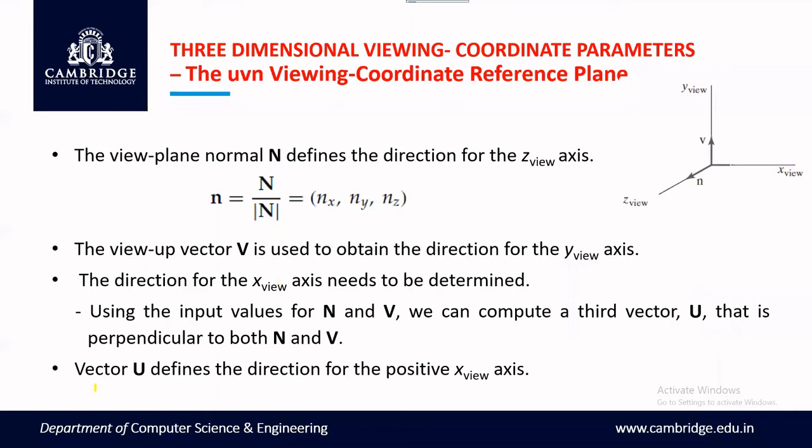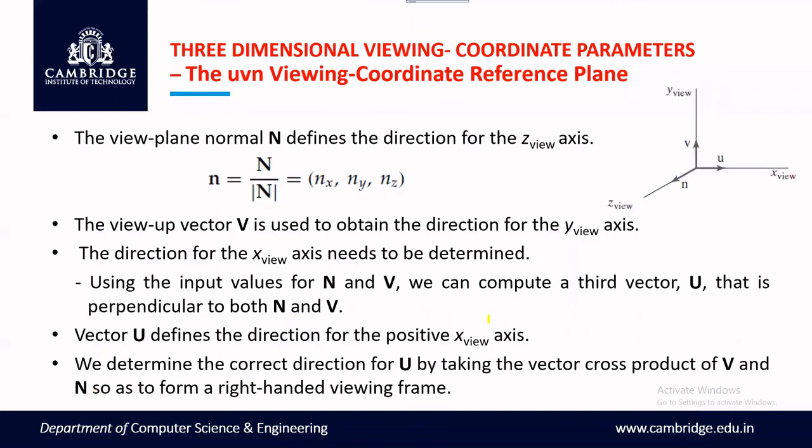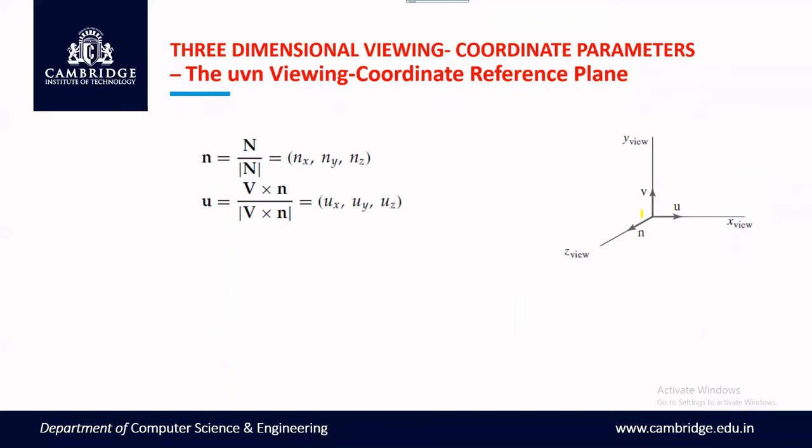Okay, so your vector u along your x view would be the vector cross product of V and n. So your u equal to V cross n divided by mod V cross n. Your small u is the unit vector along your x view axis. Now this ux, uy, uz are all with respect to the world coordinates.